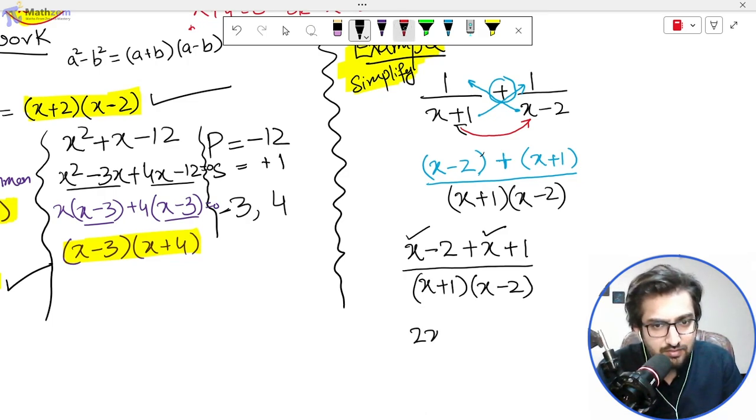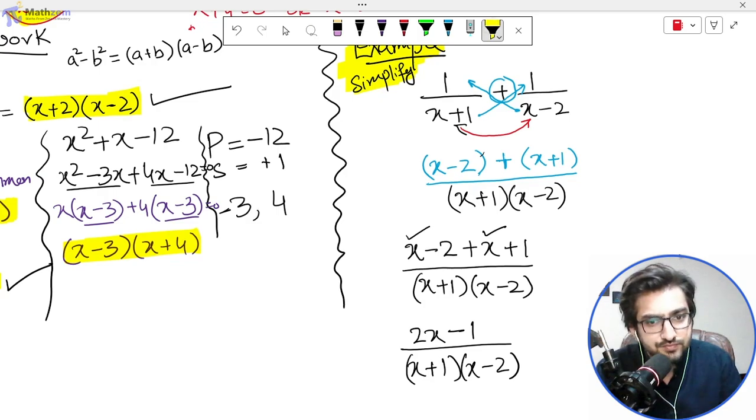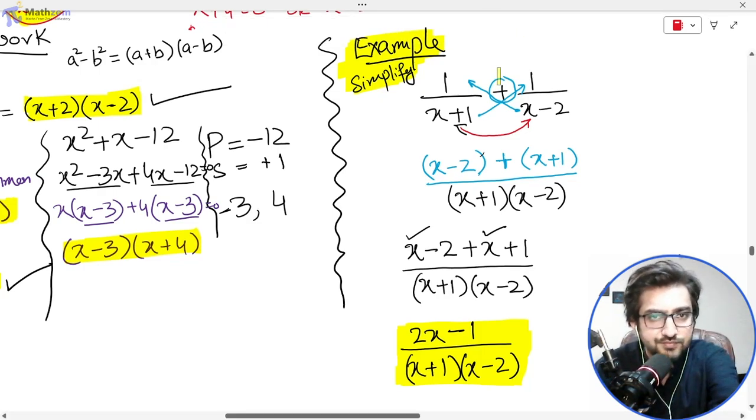So 2x minus 2 plus 1 minus 1. Again the first section, and keep that x plus 1 and x minus 2. So that would be the answer. That is the answer. This is the simplified version of the question given.